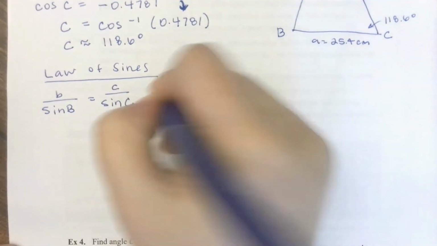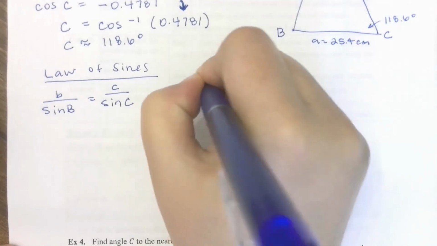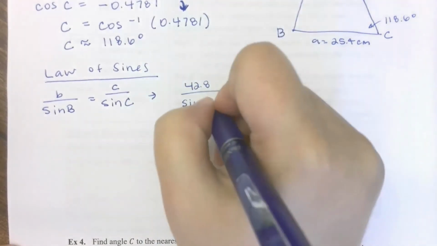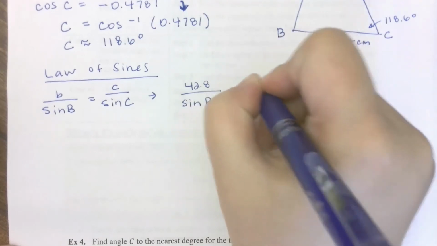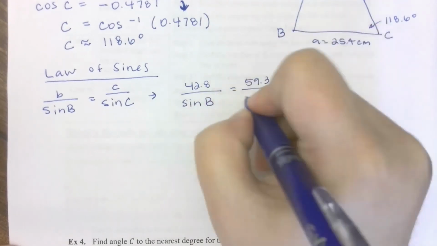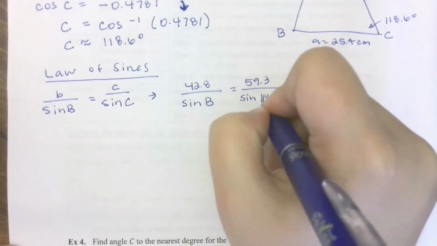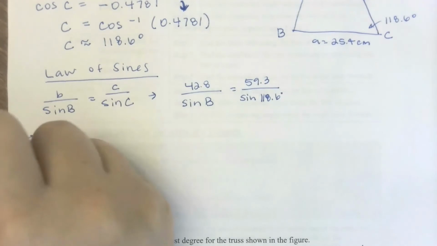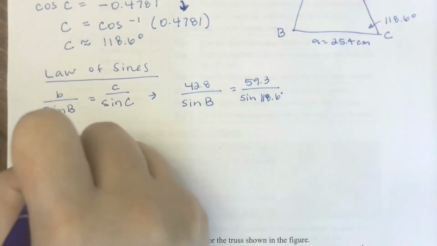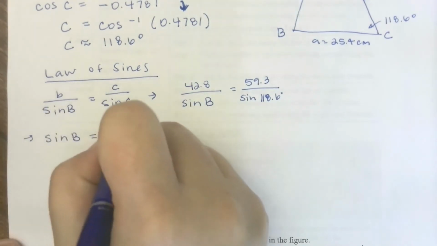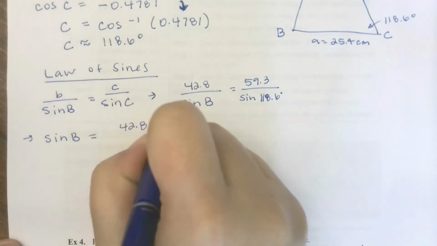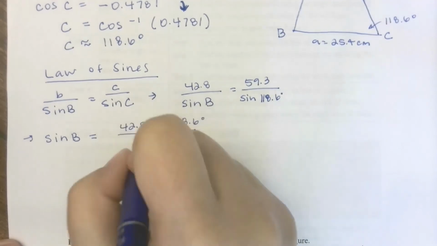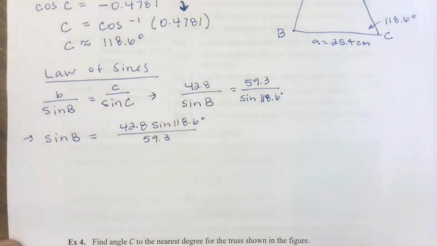Once we plug everything in, we have 42.8 over sine of B, because we don't know what angle B is yet, equals 59.3 over sine of 118.6 degrees. So this gives me that sine B is equal to 42.8 times sine of 118.6 degrees divided by 59.3.